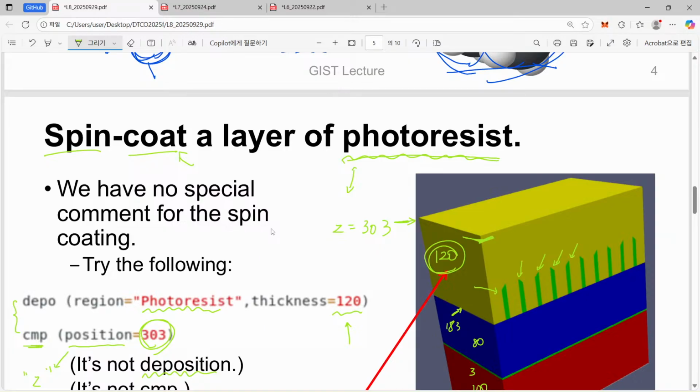However, how can we do that? By spinning, by rotating our wafer at quite a high speed. Because usually photoresist is in its liquid phase, if you make a quite fast rotation, it spreads over the whole wafer quite uniformly. That's the reason why we can assume quite a flat surface for our spin coated photoresist.